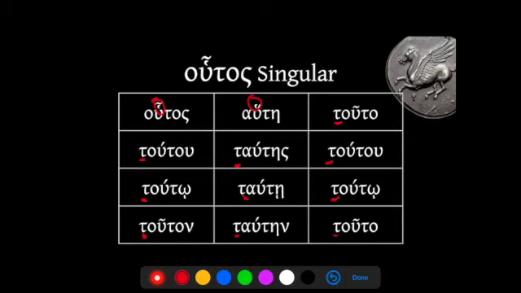The second thing that you need to keep in mind is note here that the vowel and the stem changes. And so in our masculine form, we have the omicron. And in the neuter as well, the omicron, upsilon in the stem. So we see the omicron. In the feminine form, we have the alpha.